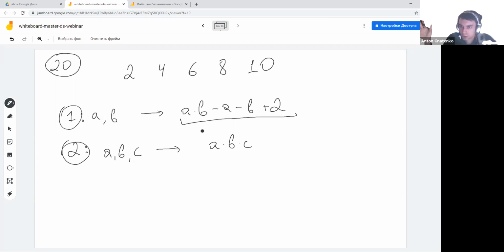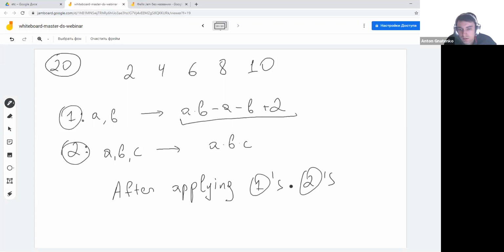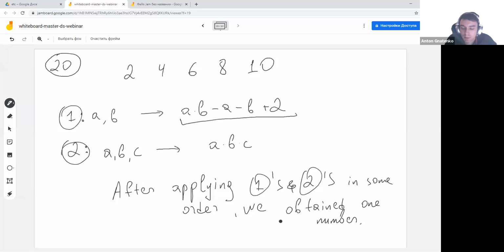So after applying some sequence of these operations, we obtained only one number on the board.